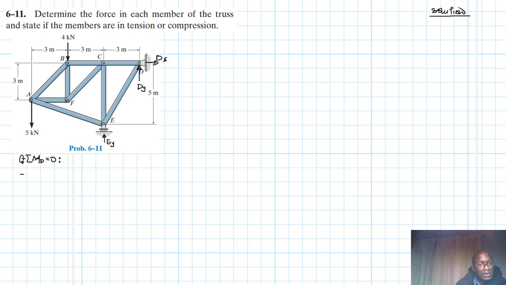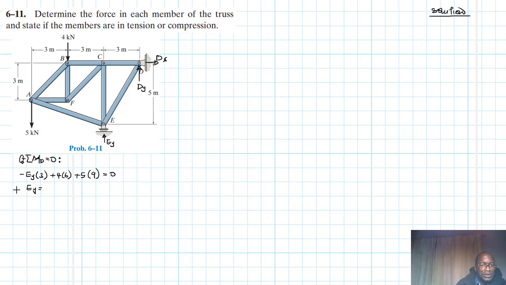We have a minus Ay by 3, then we have 4 by 6, then we have 5 by 9, equal to 0.